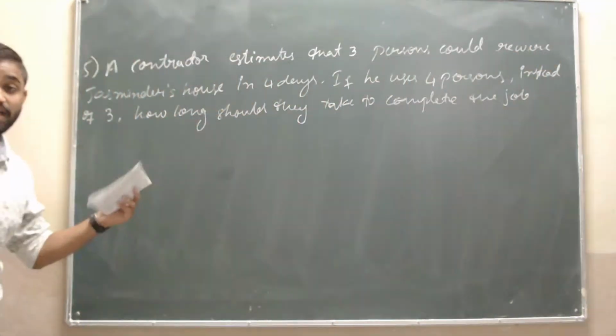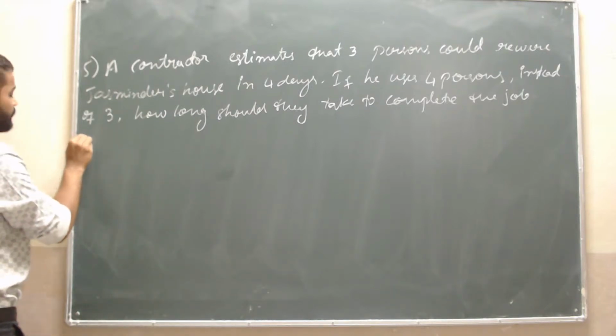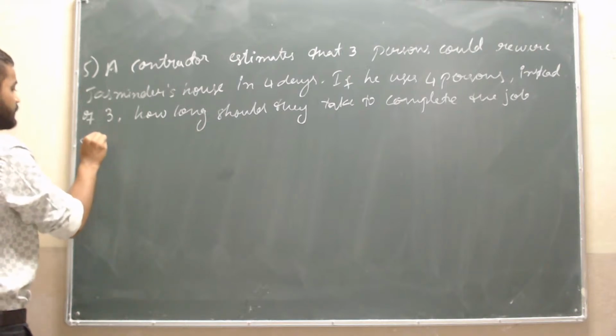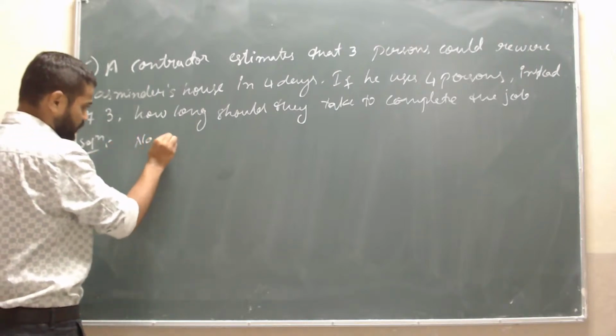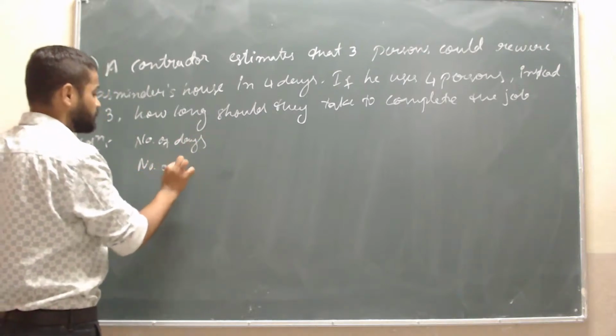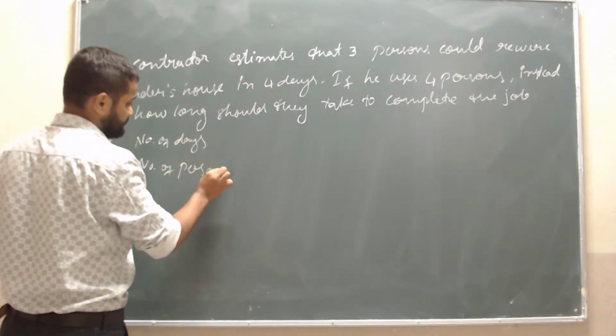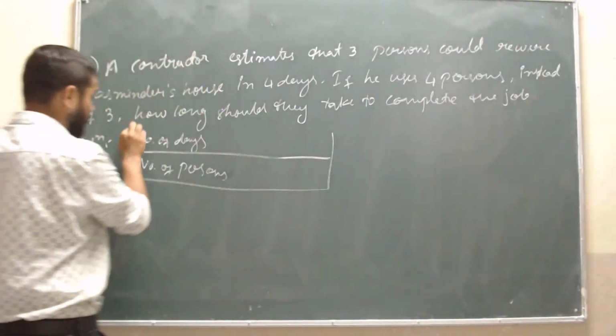Same as in the previous question, students. Here also he has given the number of days and the number of workers, I mean the number of people, isn't it? The number of days and the number of persons. What he has given in the question, that we have to check.